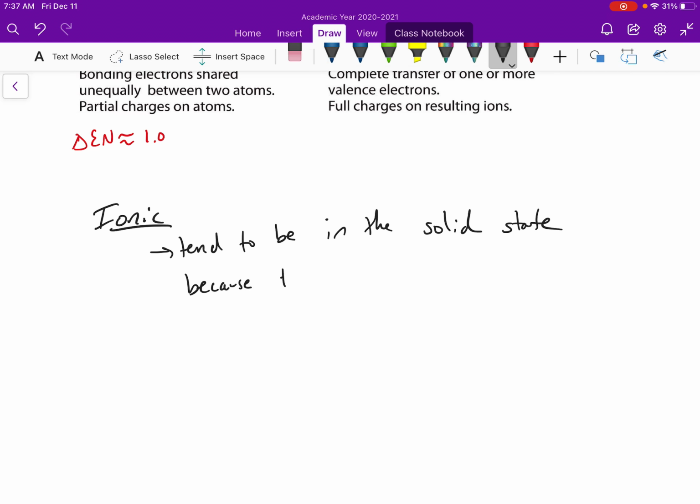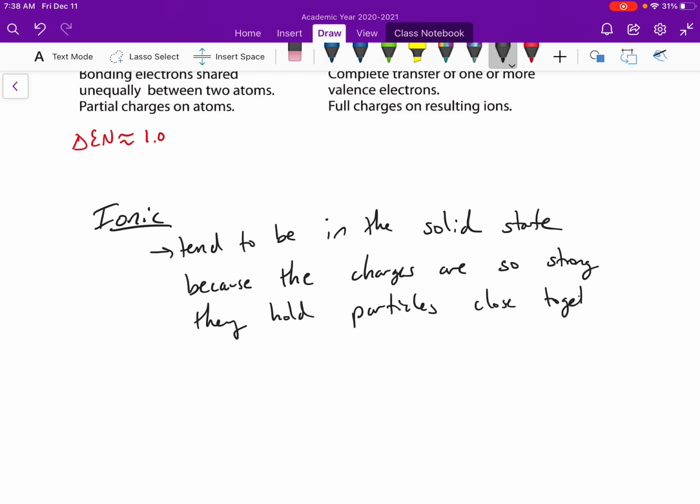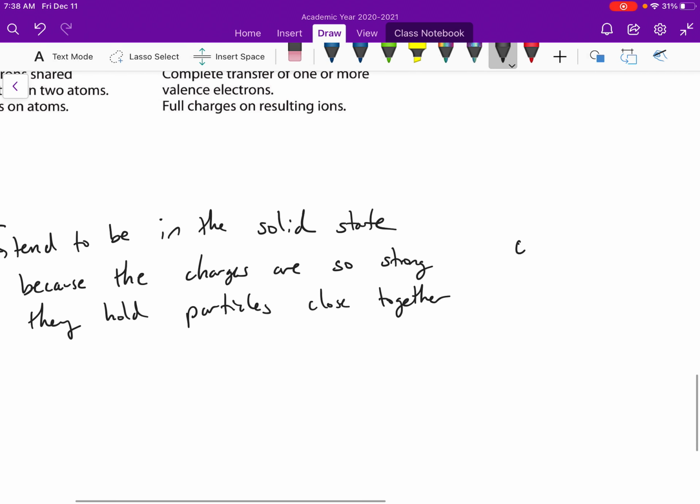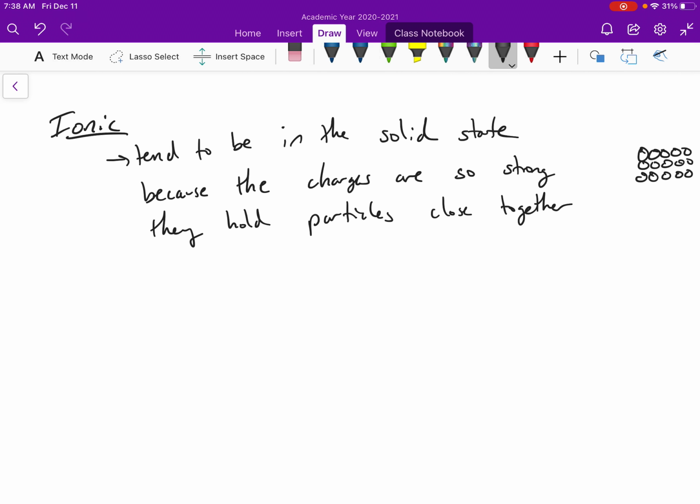Because the opposite charges are so strong, they hold the substances together, the ions together. They hold the particles, we'll say that's probably the better word, close together, right? You think of a solid, you think of the atoms packed in a container, right?